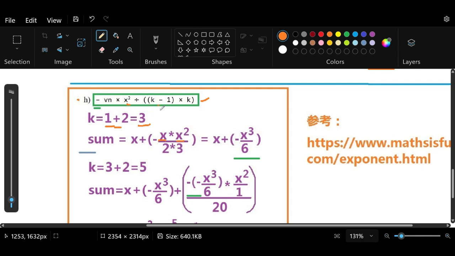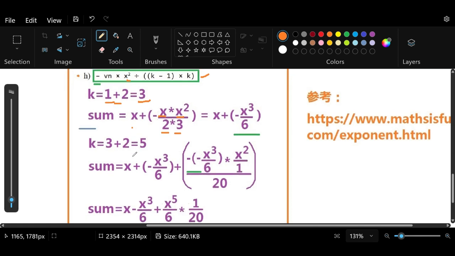So 3 minus 1 is 2 times 3, that's why we have this. Now if we put them all together in this way, for example in this case 2 times 3, we get 6 as the product, and then in this case x cubed. So that would be when we are starting with k is equal to 1.